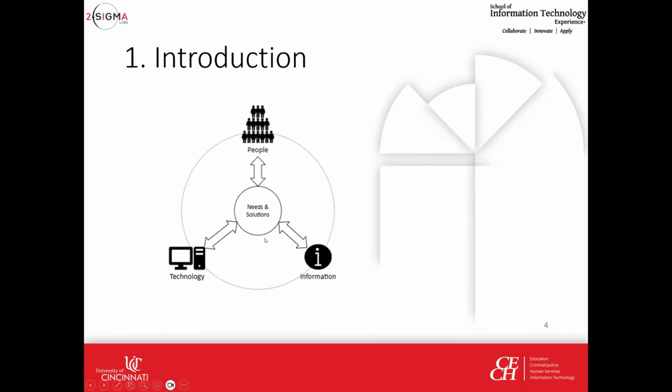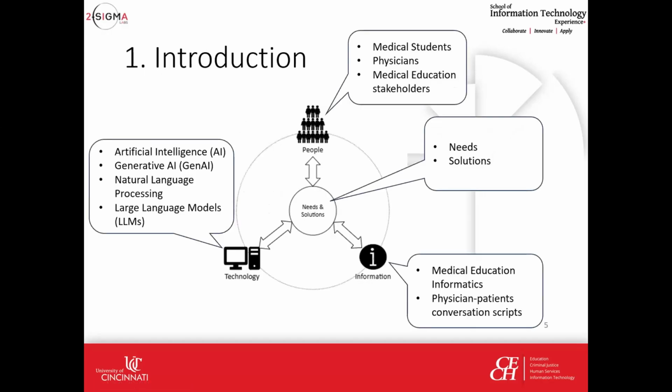IT is actually about finding people's needs and designing a solution to meet those needs. Based on these 3 elements, people's needs, technology, and related information, we find a solution to meet people's needs. This is the high level of our research.